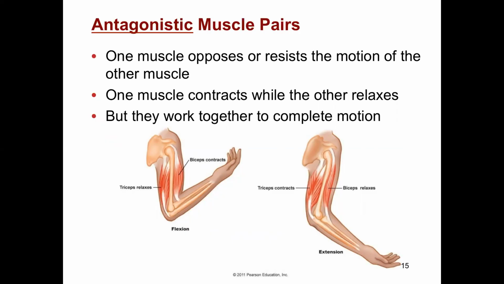So it's always the one that's opposite. So here you have your biceps. The action of flexion is contraction of the biceps, but in order for it to contract, the triceps has to relax. And then when the arm is extending, the triceps has to contract and the biceps has to relax. So those are antagonistic pairs, working opposite to each other, all right?